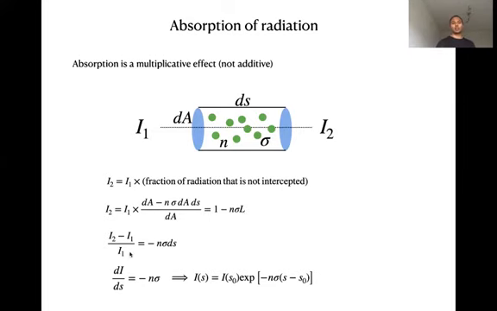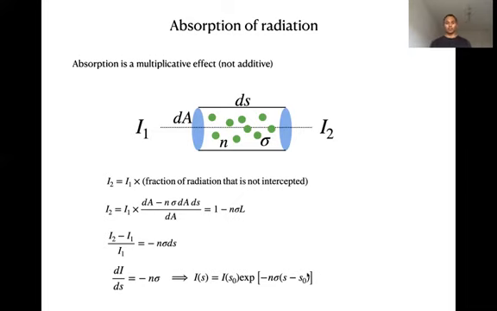So let's write what the fractional change here is. I'm going to bring I1 to the other side. So I2 minus I1 divided by I1, the fractional change in specific intensity, is equal to minus N sigma times ds. You can now take limits and write it as a very simple differential equation. And it has a pretty obvious solution.